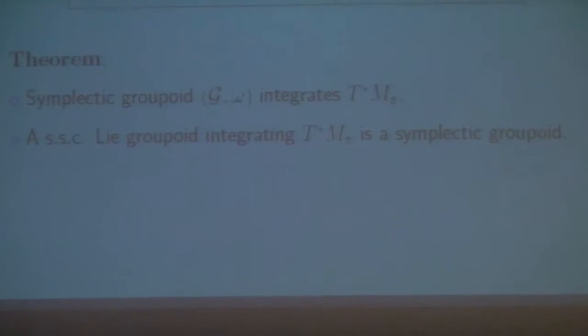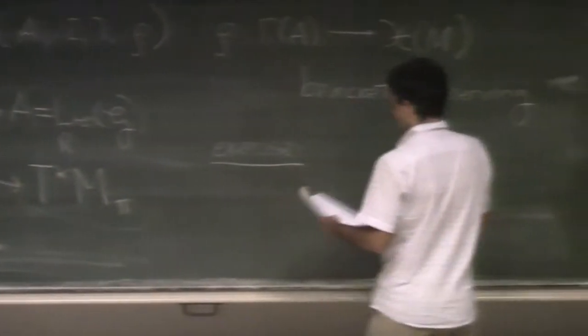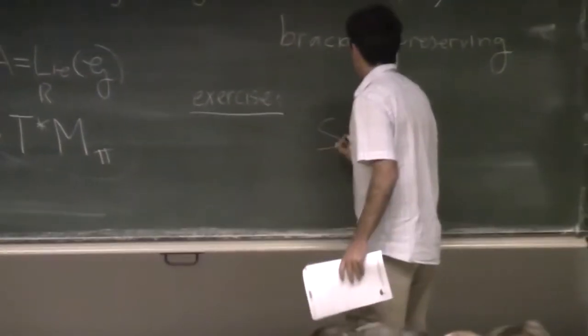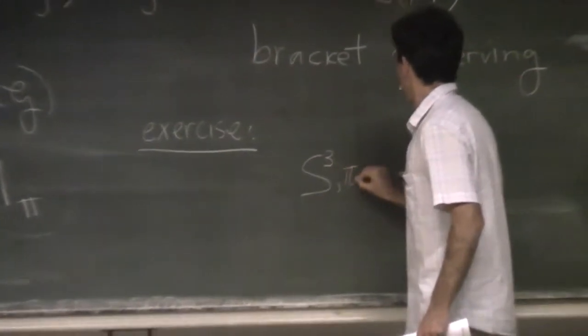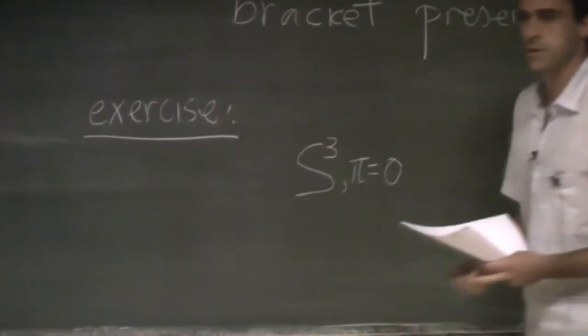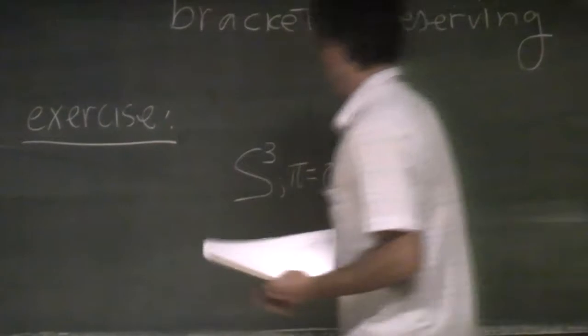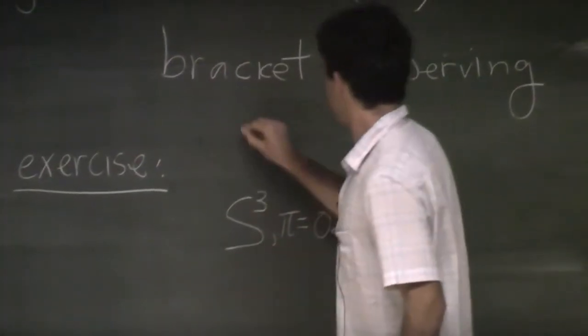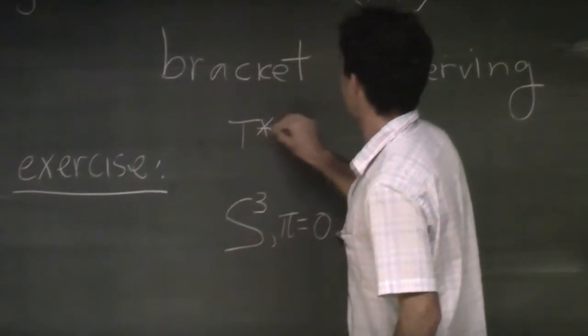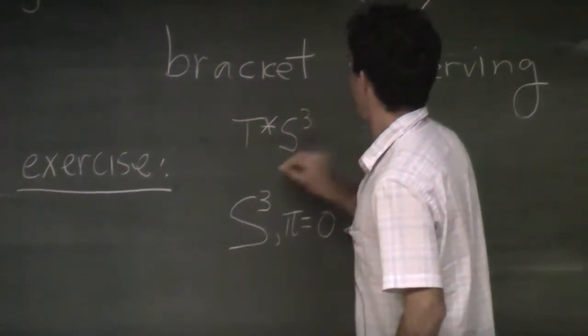But it's not saying anything about other possible groupoids. And in fact, here is a simple example. If you consider the sphere S3 with the zero Poisson structure, then one groupoid integrating it, actually the source simply connected one, is just the cotangent bundle of the sphere.